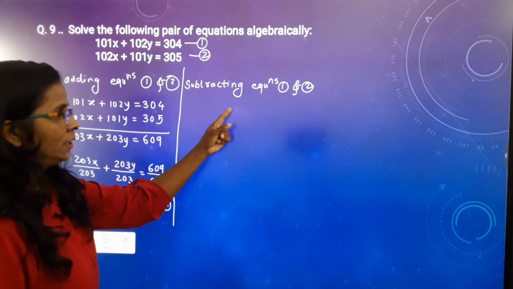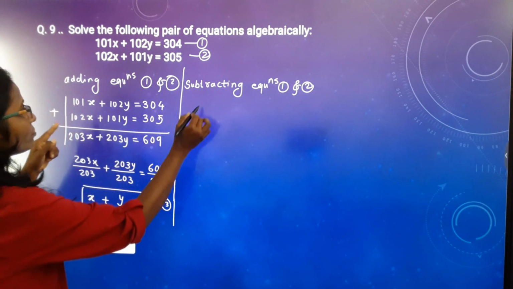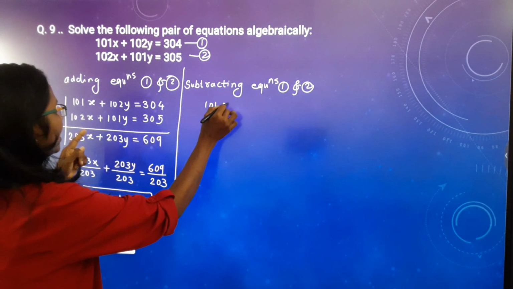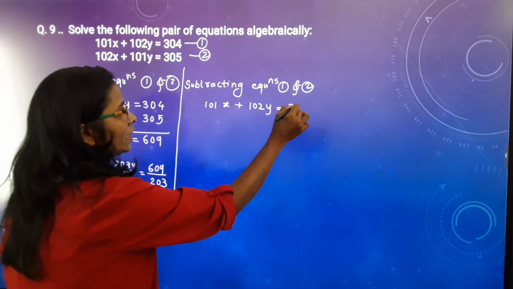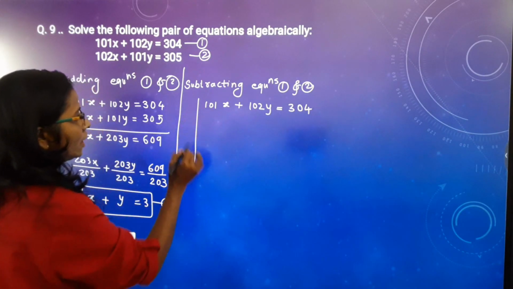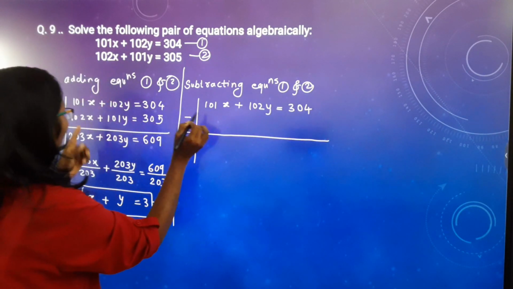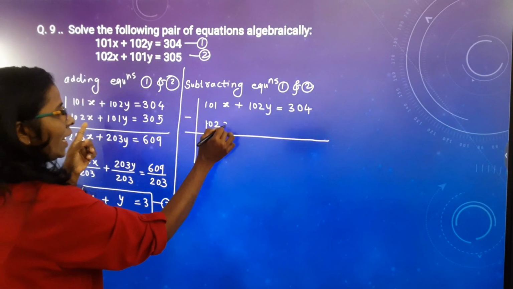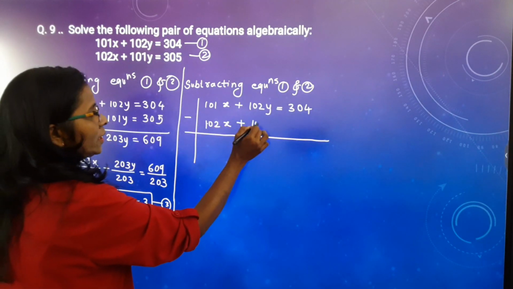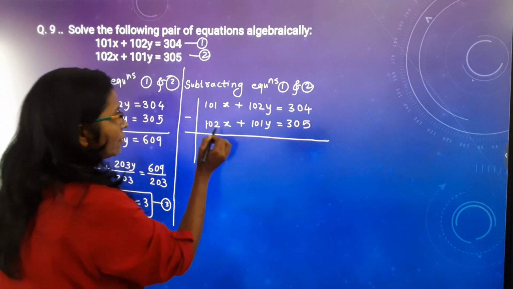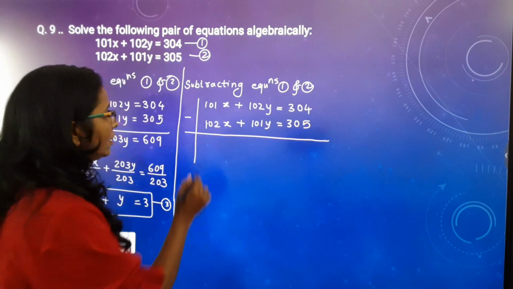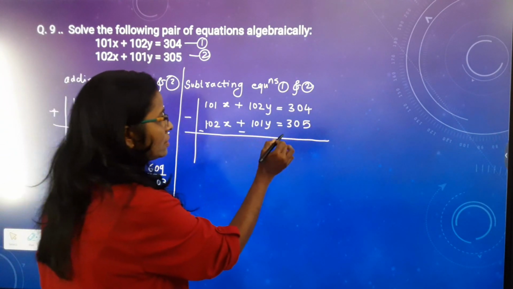Now subtracting equation 1 and 2. So 101x plus 102y is equal to 304, then minus 102x plus 101y is equal to 305. Subtracting means change the sign: minus, minus, minus.